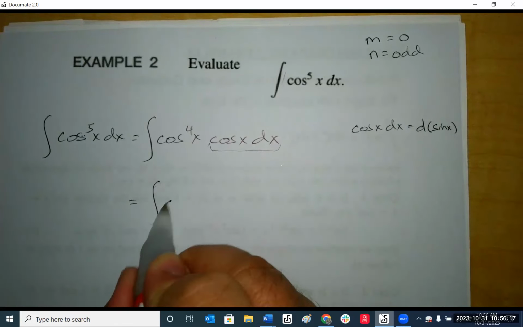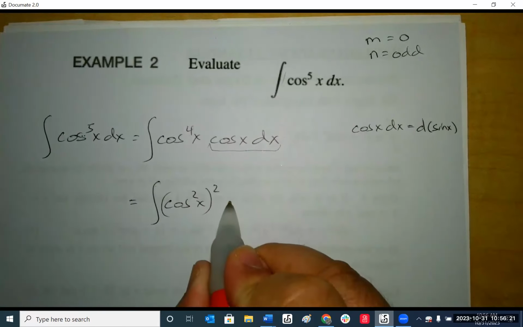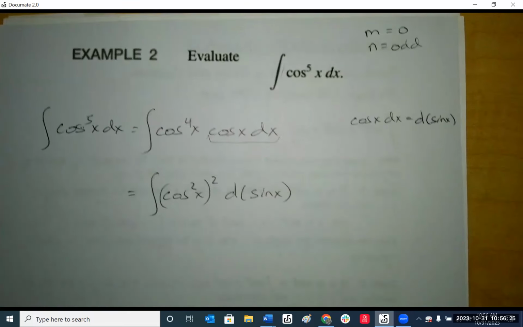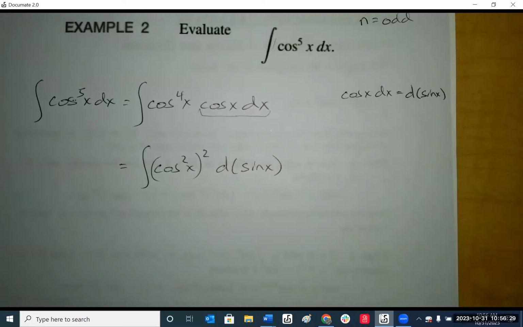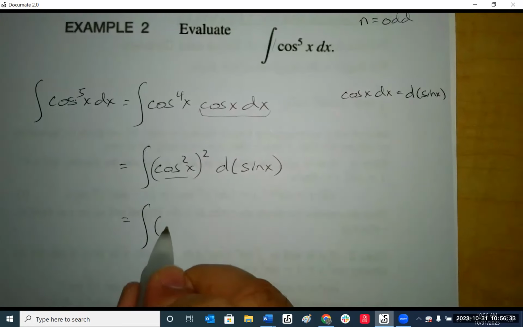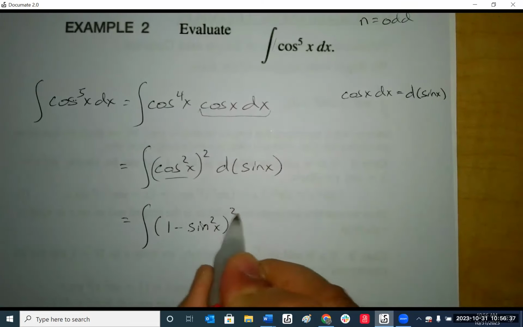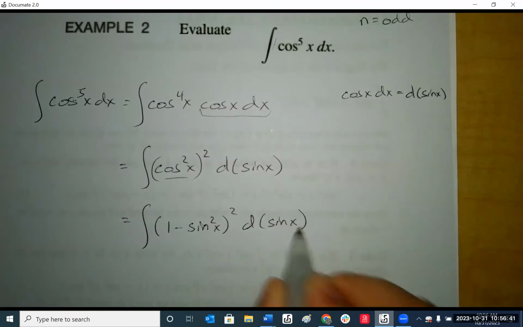So this is cosine squared x squared d sine of x, which is 1 minus sine squared of x, squared, d sine of x.